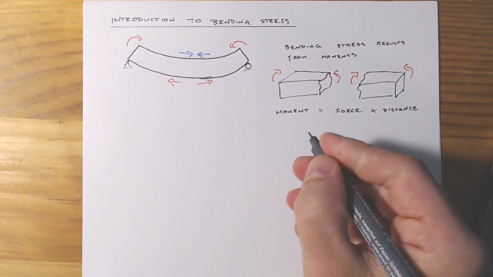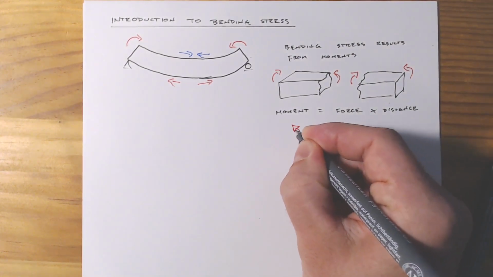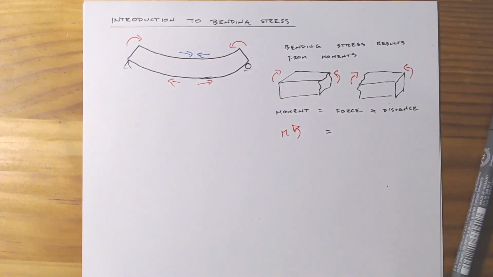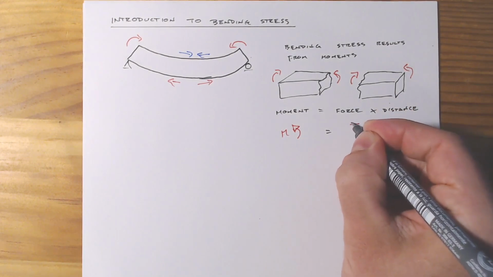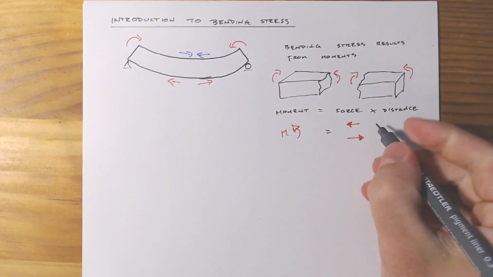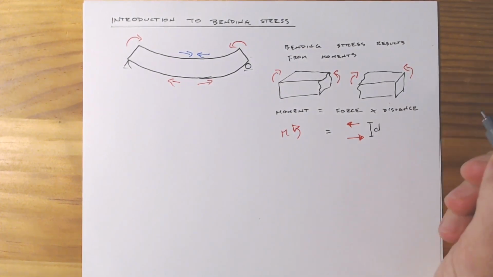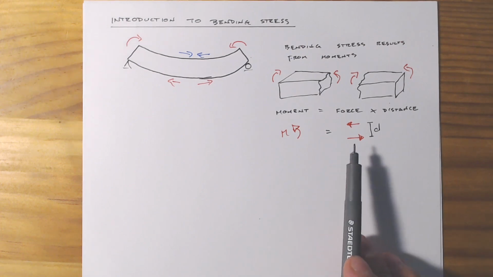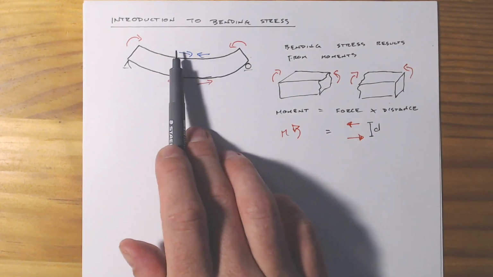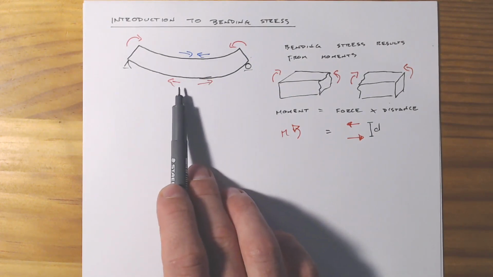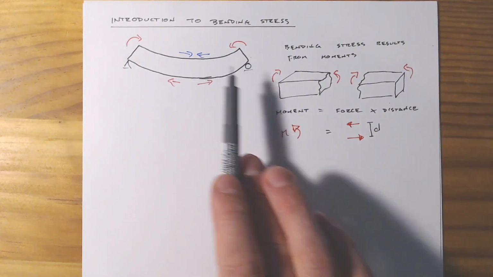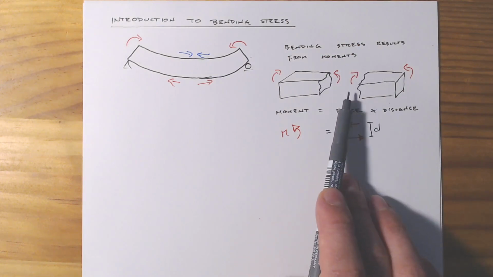And so if we have this moment here, that's really just going to equal a force going in this direction, a force going in this direction, and some distance between the two. And all of a sudden what we're seeing here is we're going from moments to forces. Well, we've got these forces in the top and in the bottom, stretching, and some distance of the beam depth between there.